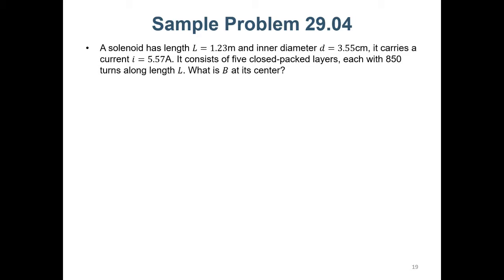So, sample problem. A solenoid has a length and a diameter. It carries a current. It consists of 5 close-packed layers, each with 850 turns along the length L. What is B at the center?